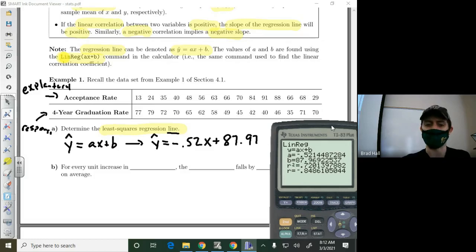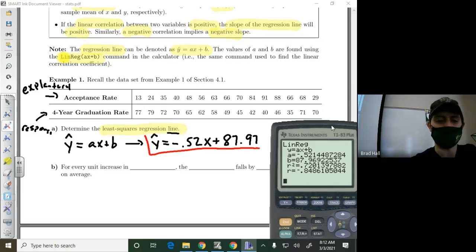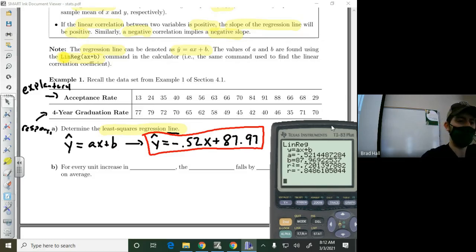So I used A and I used B. And this is the least squares regression line. And this line is the best fit for the data set that we obtained.